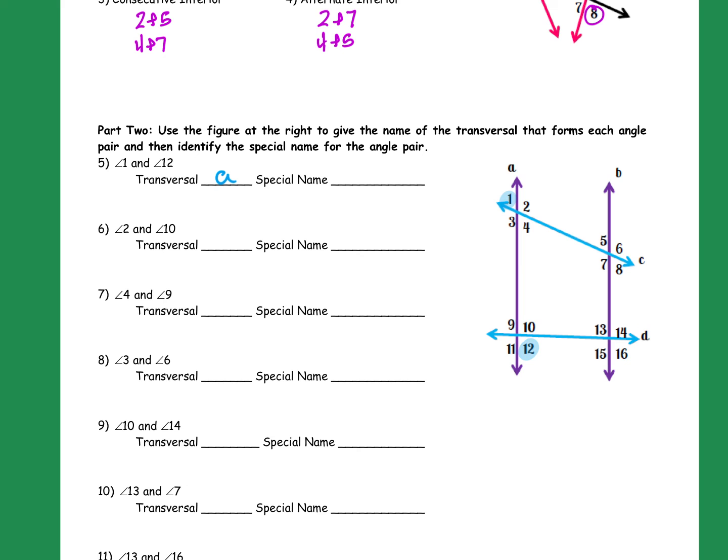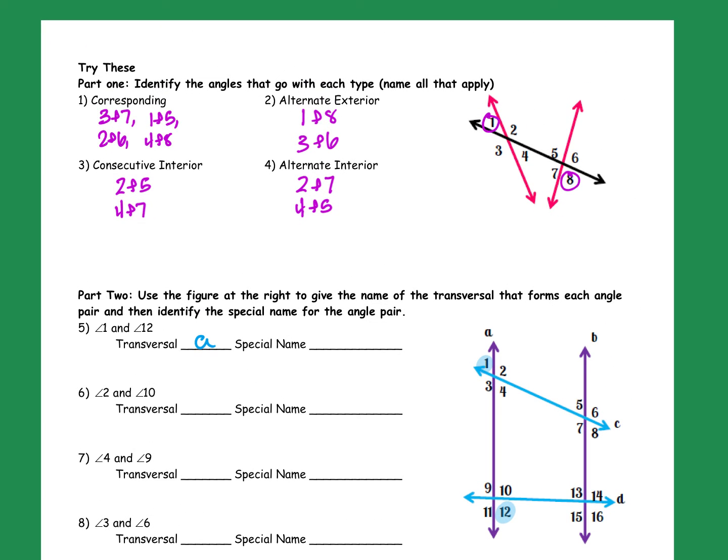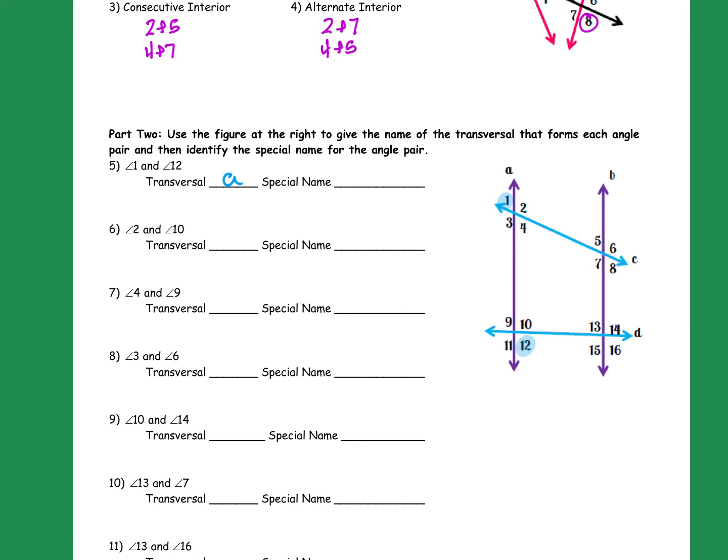They want me to tell you what the name of it is this time. Up here, they told me the name and wanted me to find the angles. This time they're giving me the angles, and they want me to write the name. So 1 and 12 are on the outside, right? So it's going to be exterior, and they're on opposite sides of my transversal. So it's going to be alternate exterior.